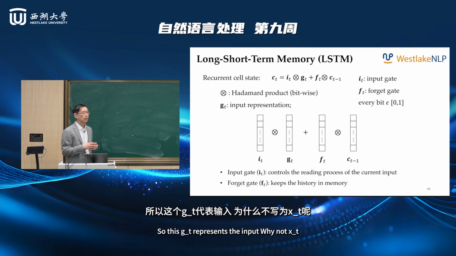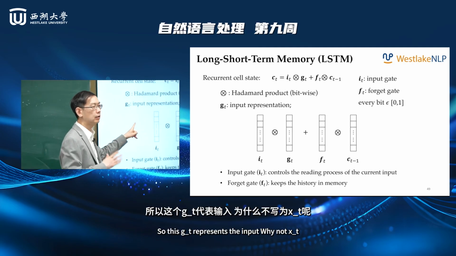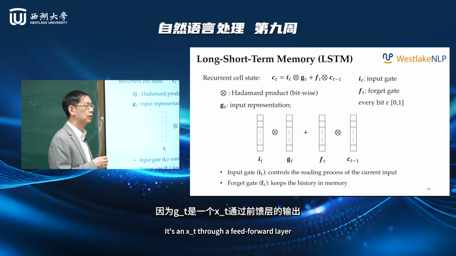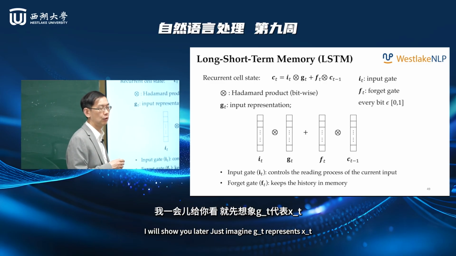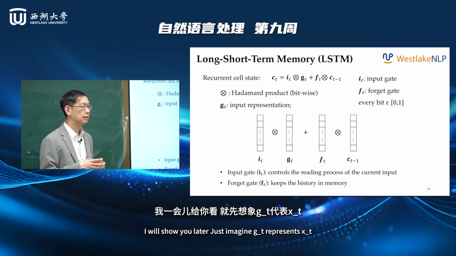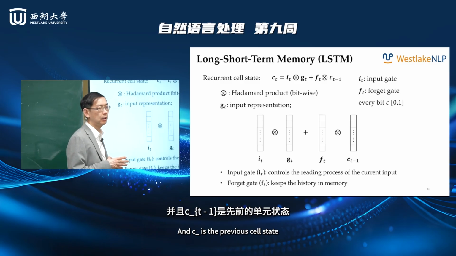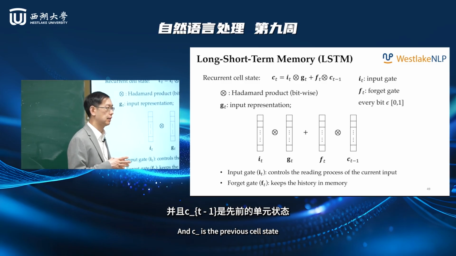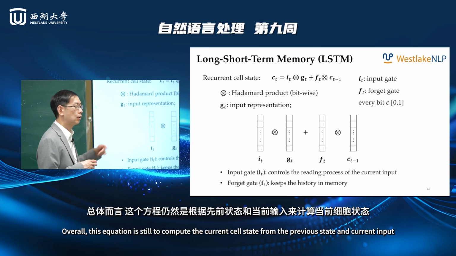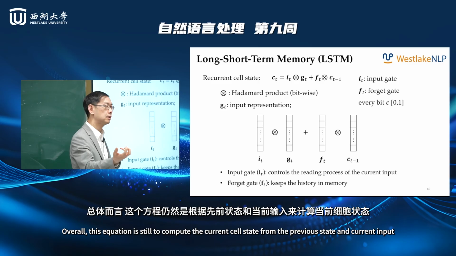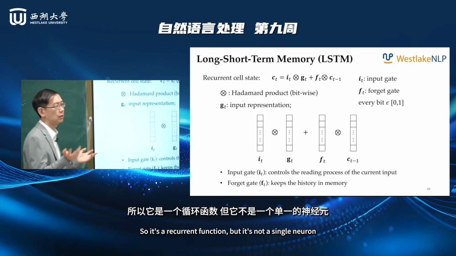So this GT represents the input. Why not XT? It's XT through a feed-forward layer. I will show you later. Just imagine GT represents XT. And CT minus 1 is the previous cell state. So overall, this equation is still to compute the current cell state from the previous state and the current input. So it's a recurrent function.